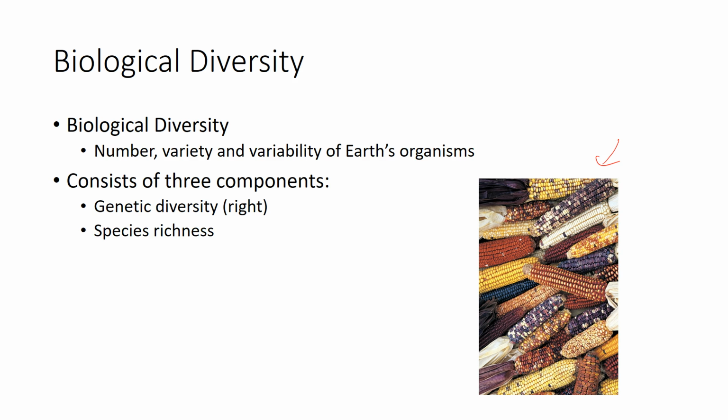Okay, species richness, which is a term we've used several times throughout the year, is just the number of different species. But maintaining all of this also entails variation in our habitat types, right? So we have the possibility of different niches. So when we say biological diversity or biodiversity, we're actually talking about all three of these components.